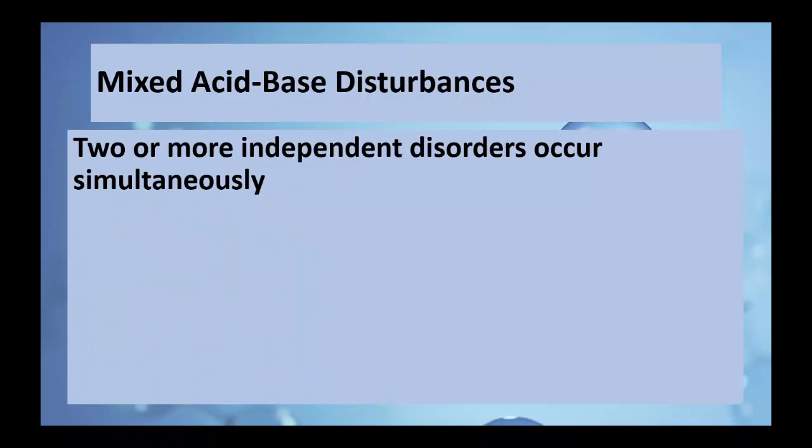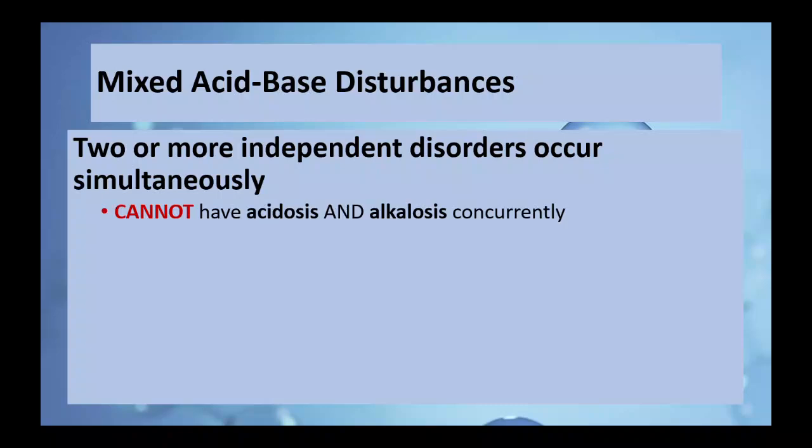So the next point here, this was a firm takeaway. There may be mixed acid-base disturbances. This is when two different conditions are simultaneously contributing to either acidosis or alkalosis. The key here is you cannot have a mix of both acidosis and alkalosis. The mix has to do with metabolic and respiratory.